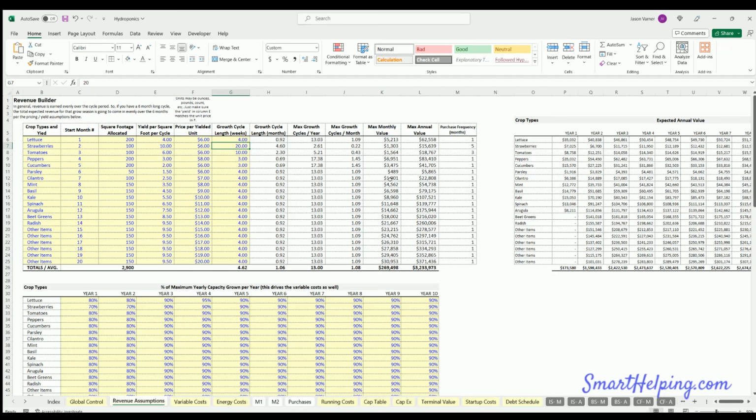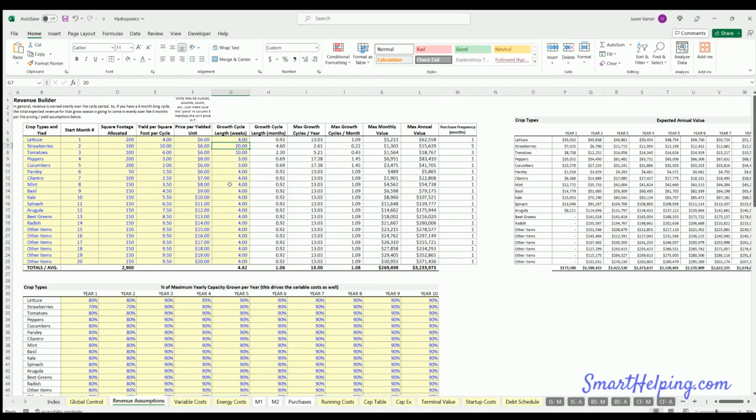But the best way I could figure out to make this, just so you can study the unit economics and have everything on the same timeline and compare apples to apples, is evenly split everything out based on the value of a growth cycle, how many growth cycles there are in a month, and define what essentially the value of a growth cycle denominated in months. So we have everything in terms of the monthly value, which will adjust based on this.